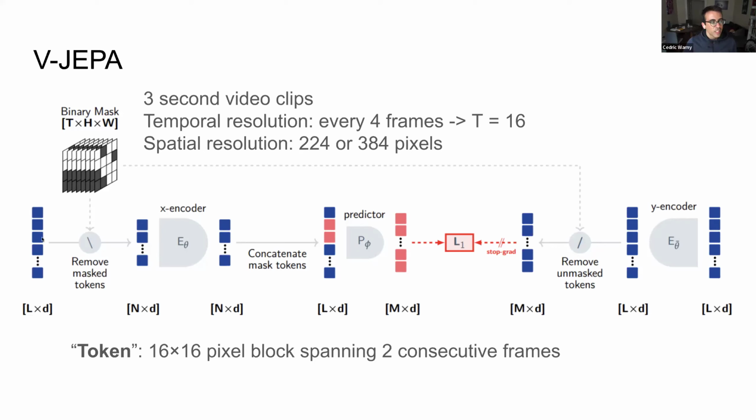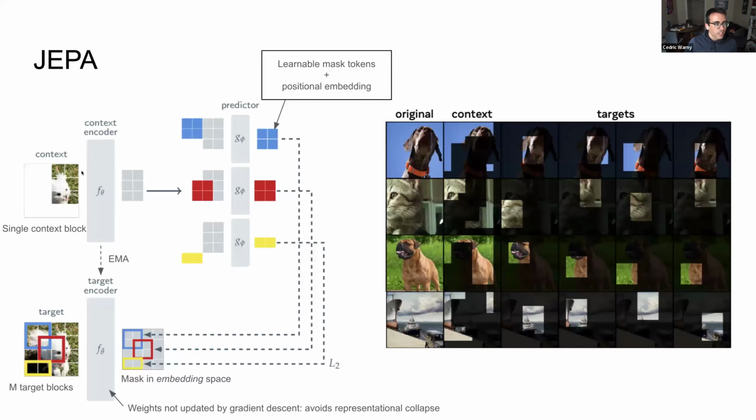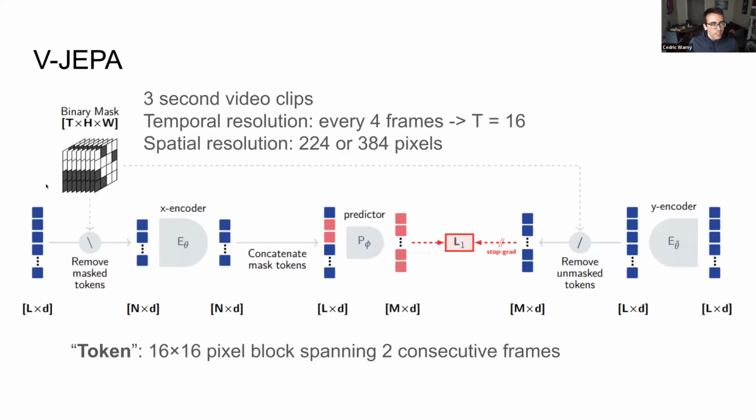The only difference is that this input, which are tokens, so the tokens again are the little patches of an image. But here we're going to redefine token in a video context. So a token in this context is a 16 by 16 pixel block spanning 2 consecutive frames, as opposed to, well, obviously for an image, there is no notion of multiple frames.